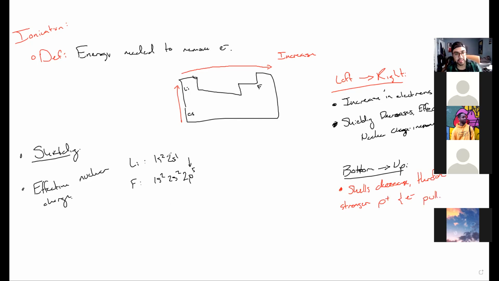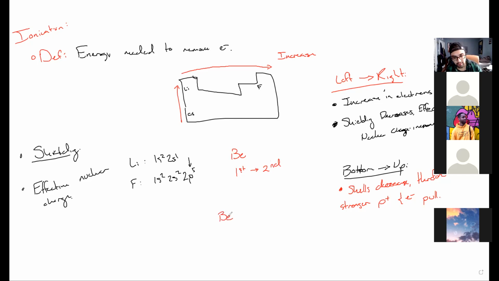I think a good example was the beryllium one. Beryllium, our first ionization energy, I don't have it memorized, but comparing our first ionization to our second ionization. We already pulled one electron and now we're going to pull another one. Are we going to require more or less energy?